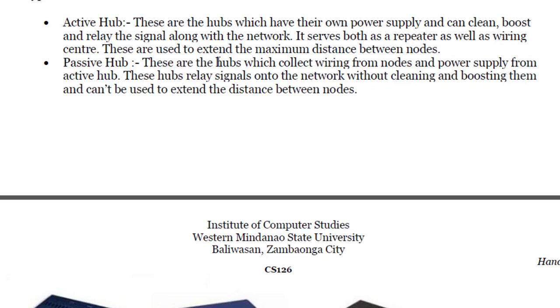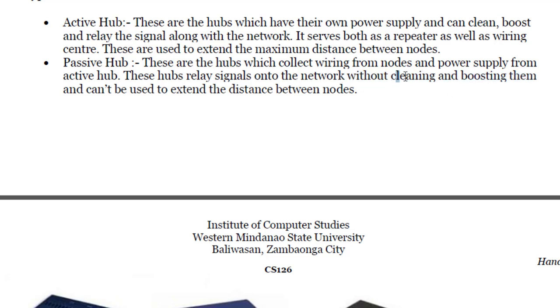While the passive hub collects wiring from nodes and power supply from the active hub. That's why it's called a passive hub. These hubs relay signals into the network without cleaning and boosting them, and can't be used to extend the distance between nodes. Please take note of the words without cleaning.